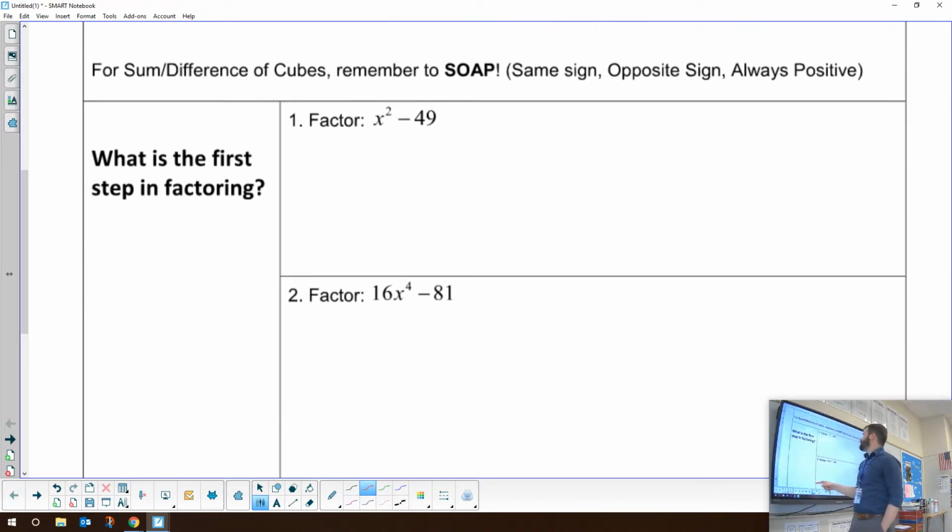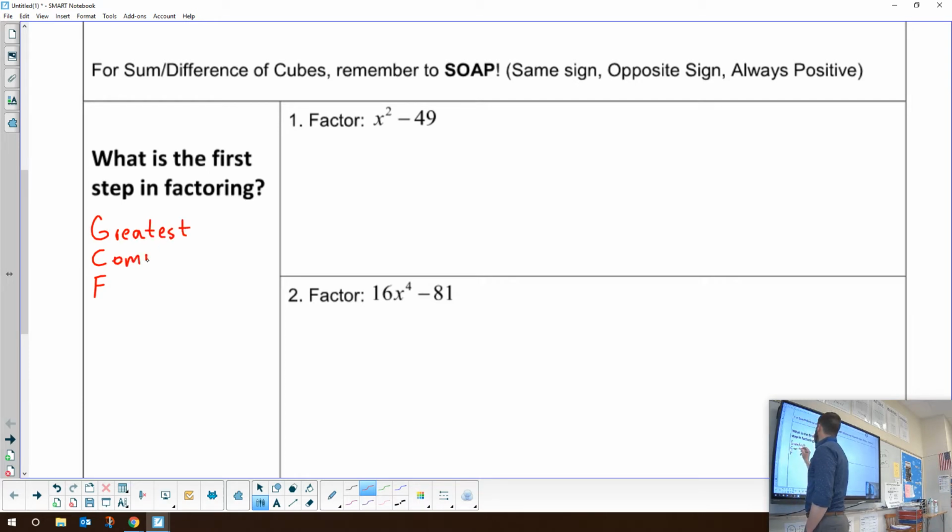So number 1, we have this factoring problem, and let's first talk about what is the first step in factoring. The first thing that we always have to do in factoring is look for a GCF, or greatest common factor.